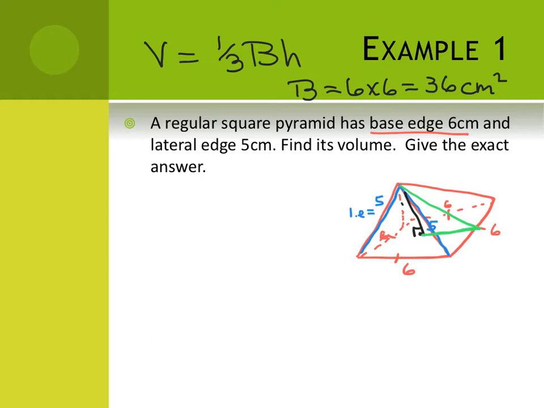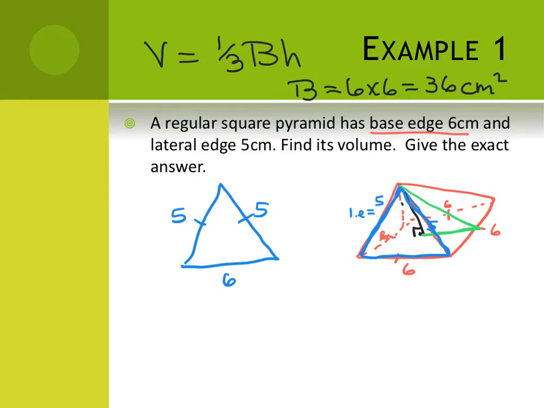Now what I'm going to do is use my lateral face to find the slant height. So I'm going to pull out this triangle here, my lateral face. Notice it's isosceles because I have the lateral edge, and I also know that this base edge is 6.